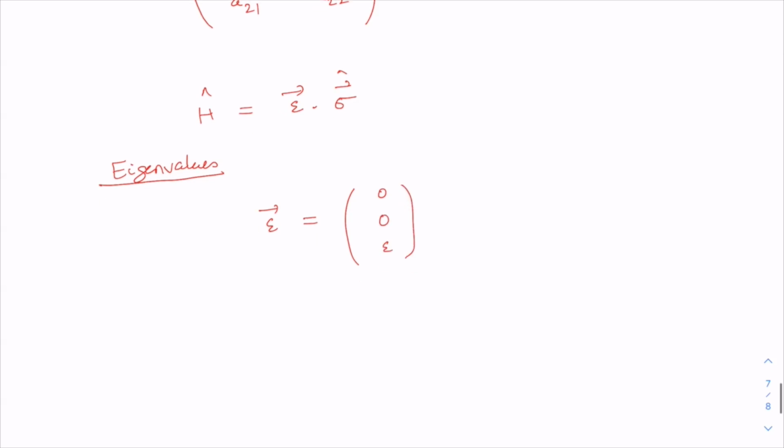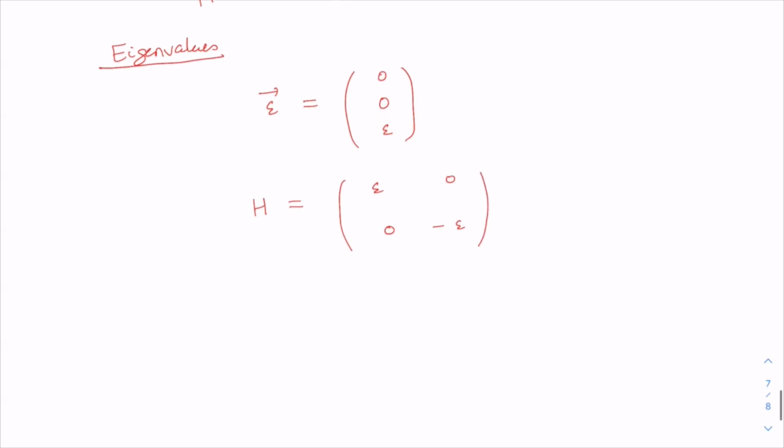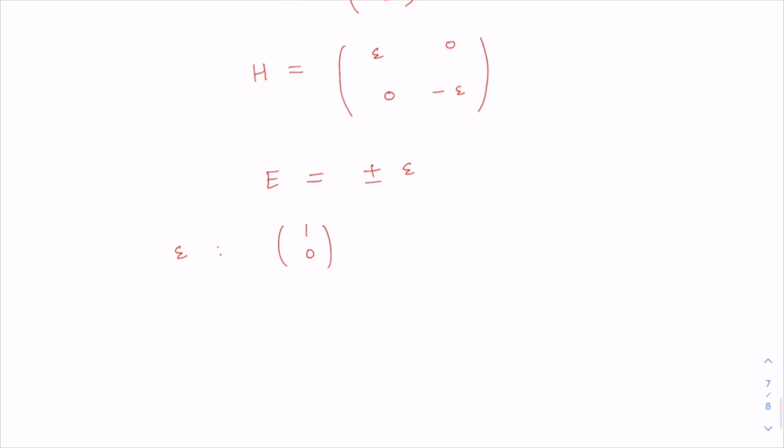In that case, this Hamiltonian H would become epsilon 0 0 minus epsilon. That means there is no coupling between the energy levels, and clearly the eigenvalues of the Hamiltonian are E equal to plus minus epsilon, and the eigenvector corresponding to the value epsilon would be, as you can see, simply 1 0, and the eigenvector corresponding to the eigenvalue minus epsilon is 0 1.